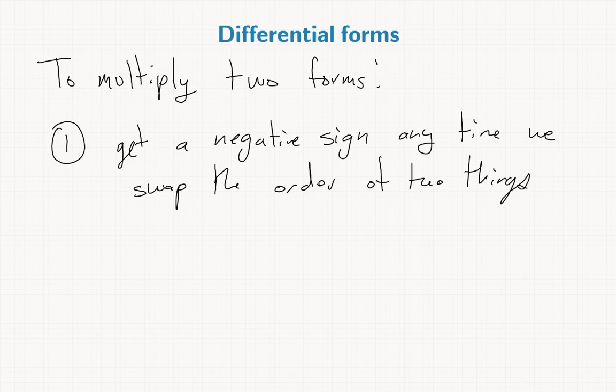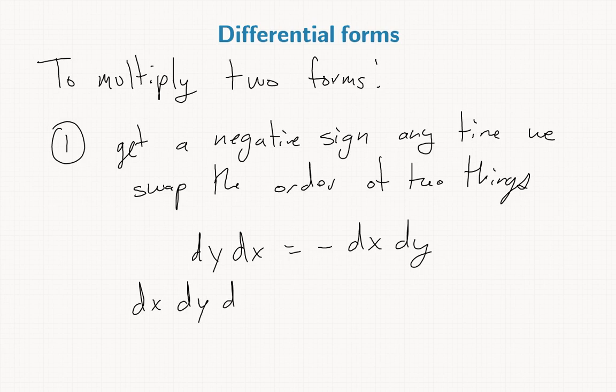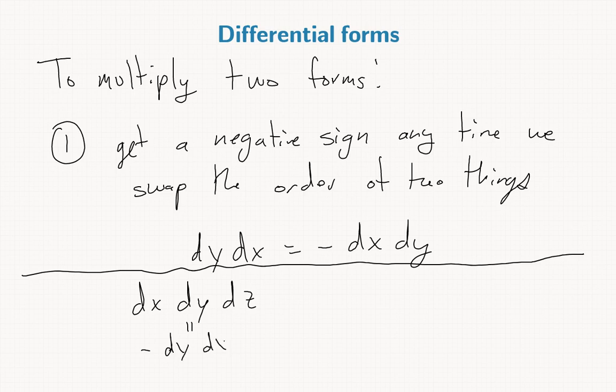So dy dx is negative dx dy. Then for something like dx dy dz, if we swap the first two, this will be negative dy dx dz. If we swap the other two, this will be negative dx dz dy.